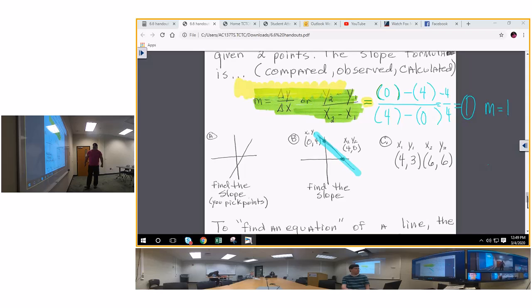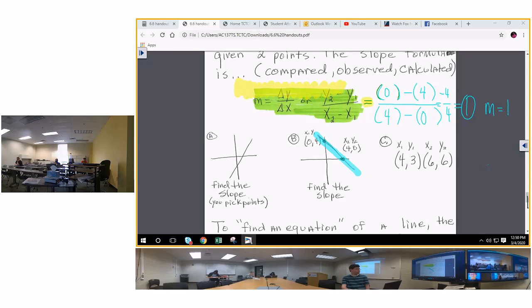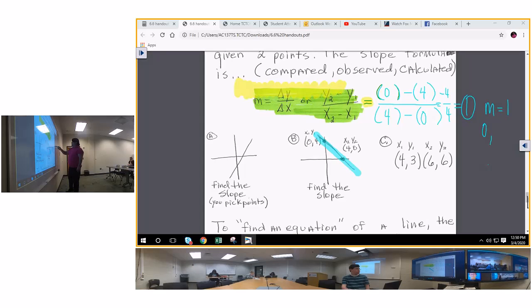So now I'm going to pick a point. Since we read from left to right, I'm going to pick 0, 4. You can pick either one. I don't care. And now I'm going to do part 2, which means I'm going to plug it into y minus y sub 1 equals m times x minus x sub 1.